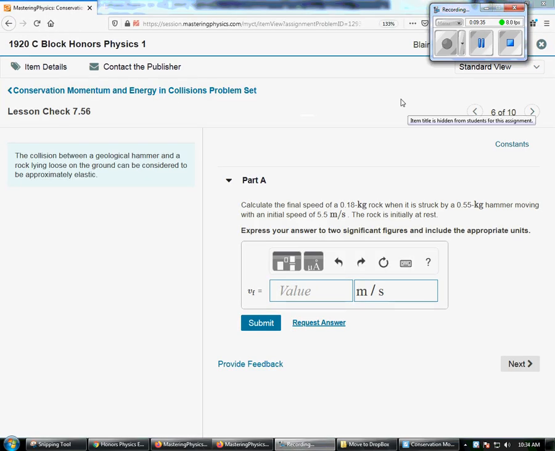Alright, so number 6, we've got a hammer hitting a rock that's lying loose on the ground, and we're considering it to be elastic. So right away, I started thinking, okay, what's true only of elastic collisions?